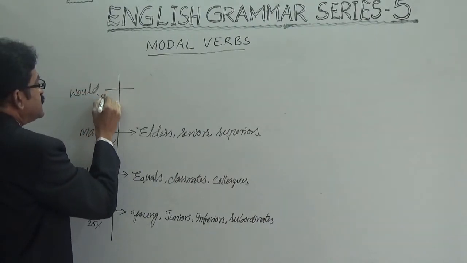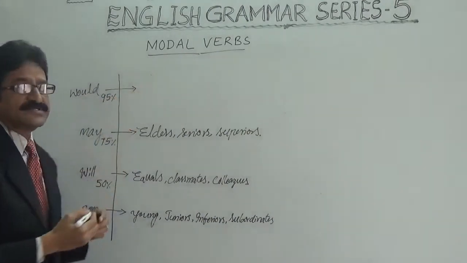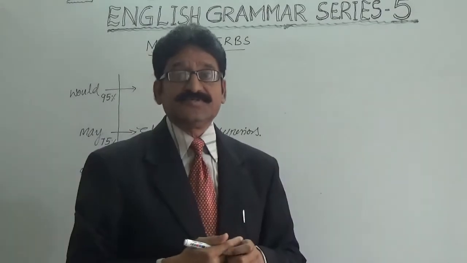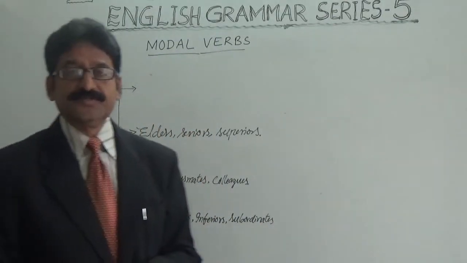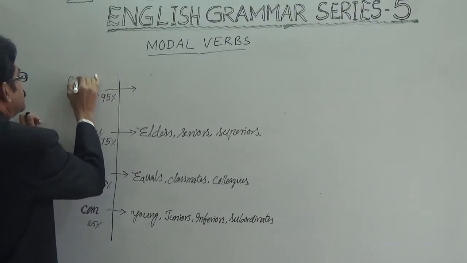It contains 95%. Isn't it? 95%. We may use would. And the next one is could.